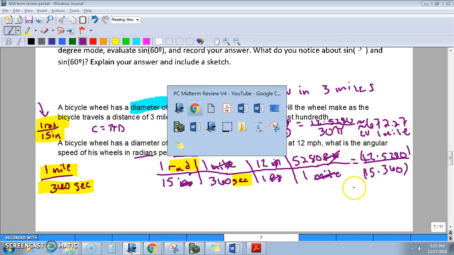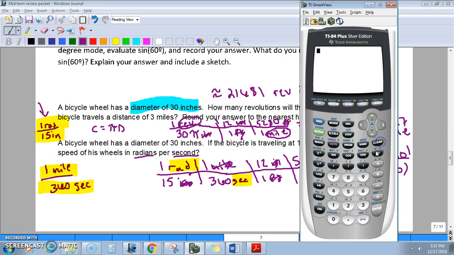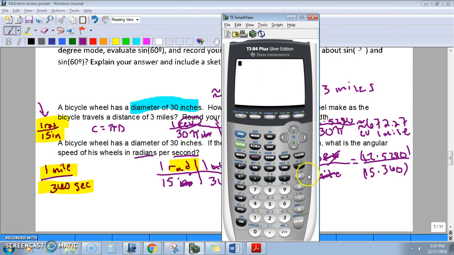So let's do that math. Parenthesis, 12 times 5,280, parenthesis, divided by, parenthesis, 15 times 360, parenthesis.